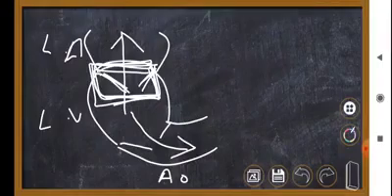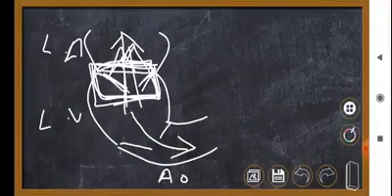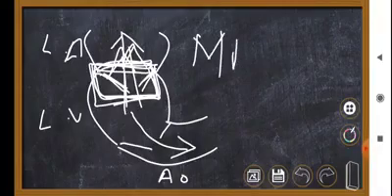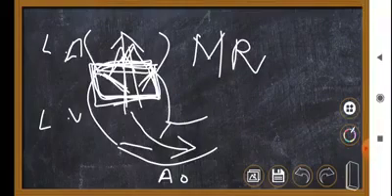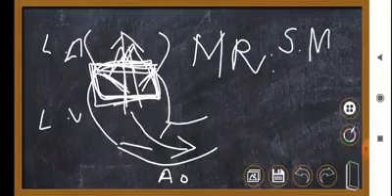And as this regurgitation is happening across the mitral valve, this will be called mitral regurgitation murmur. And definitely, as we know the mechanism, it's happening in systole, so it will be a systolic murmur.